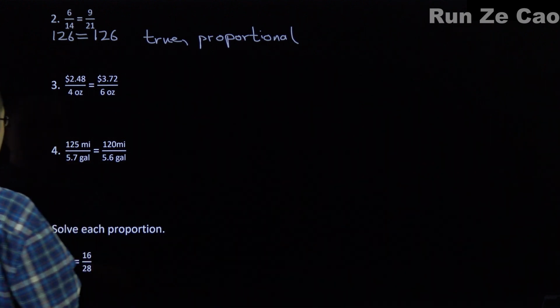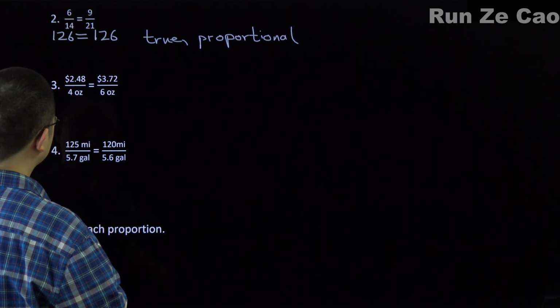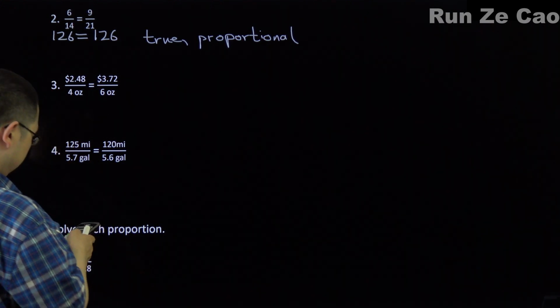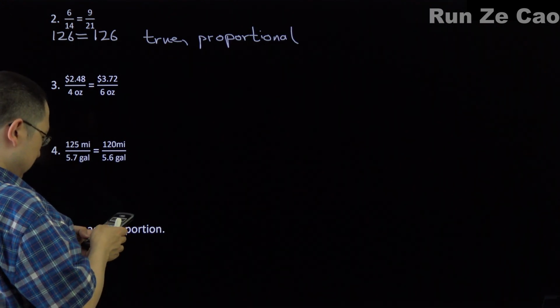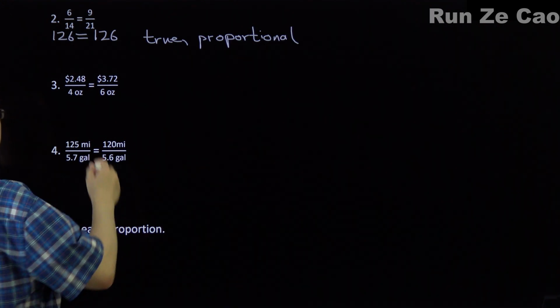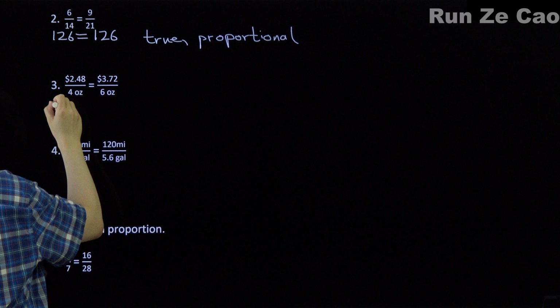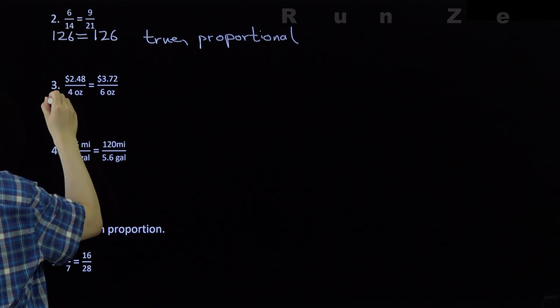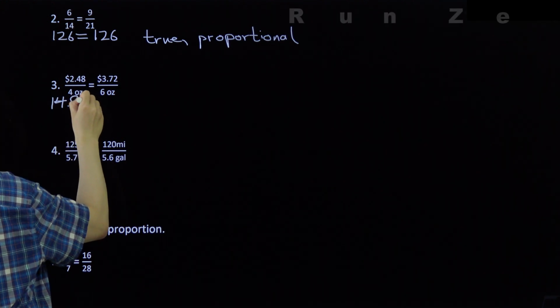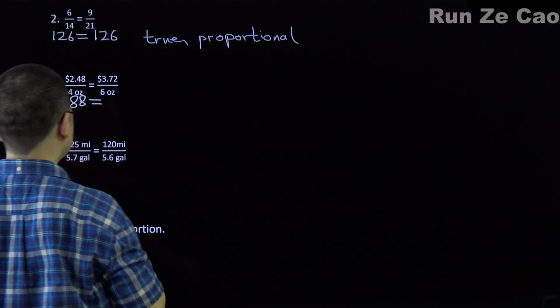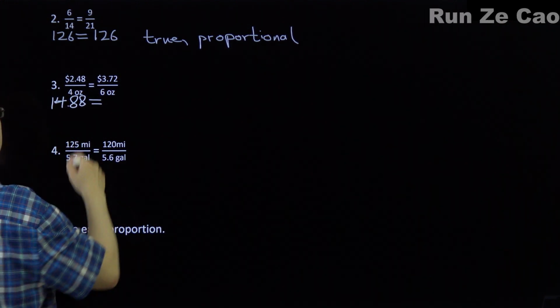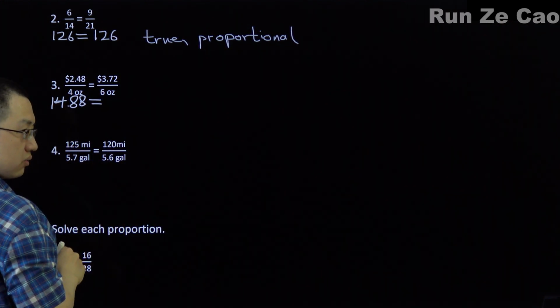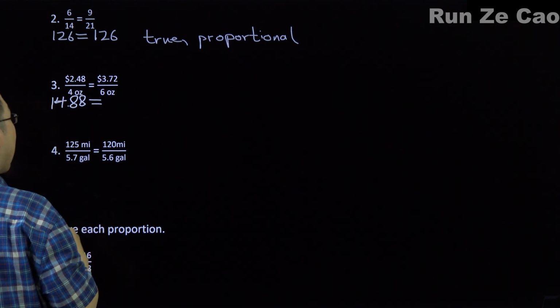Now, $2.48 for 4 ounces versus $3.72 for 6 ounces. Well, 6 times 2.48 gives us, well, there's no units, so we're not going to use units yet. There's no units that are relevant to us here because we see that the units are clearly going to match up.